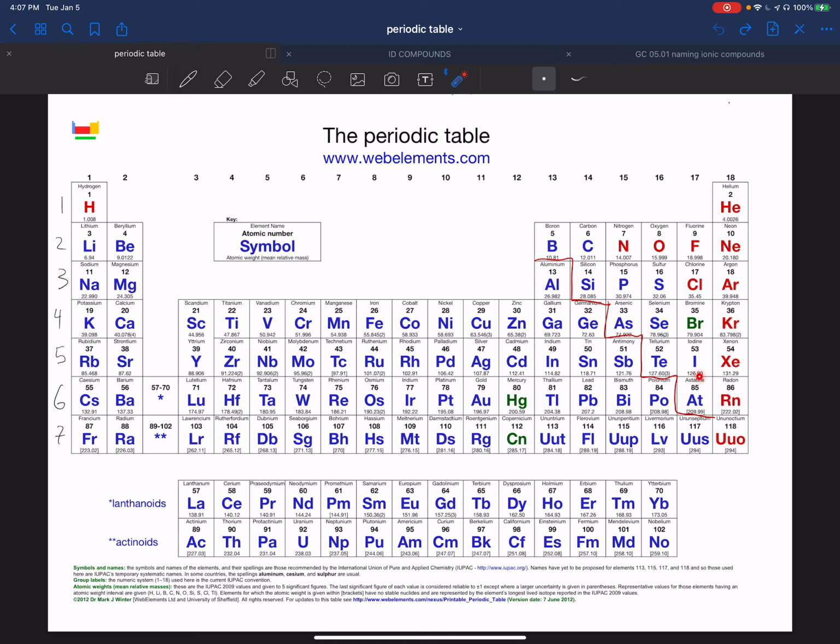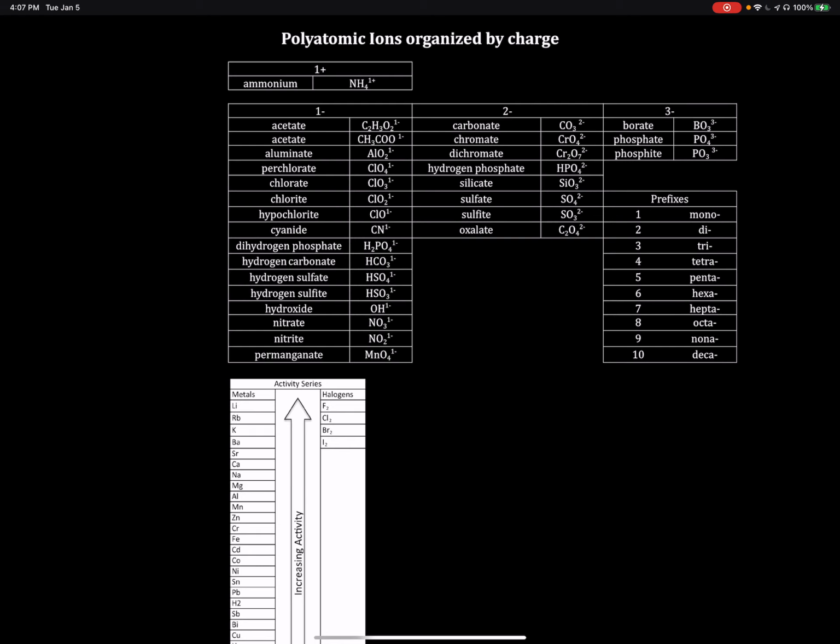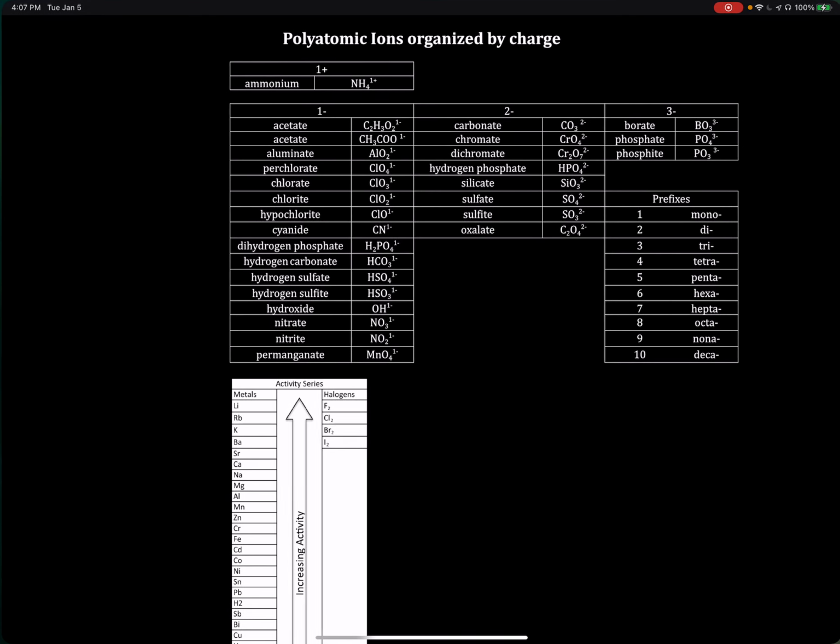Iodine is down here. It's similar to all these other things in group 17. So when I look on the polyatomic ion sheet, I'm looking for something that's either bromate or chlorate or fluorate. Hey, look, I see chlorate, which is ClO3 1-.